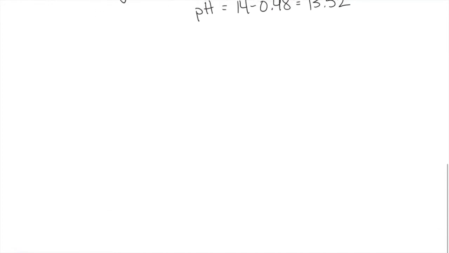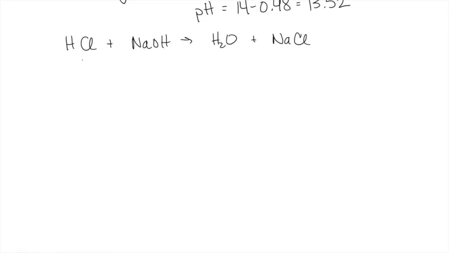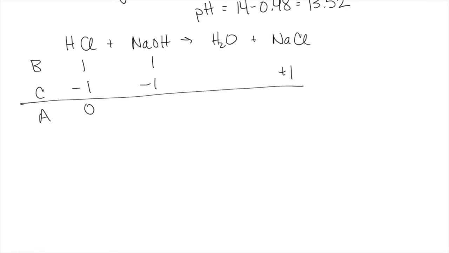Okay, I'm going to do another example now, and I'm going to end up with a 1-to-1 ratio. So we're going to do a BCA table again. We've got HCl and NaOH. We're making water and NaCl. This time I'm going to have 1 mole of each. I'm going to end up at the end with none of this acid, none of this base, and I'm going to have 1 mole of NaCl left over.